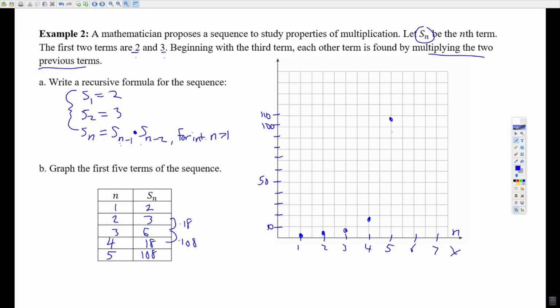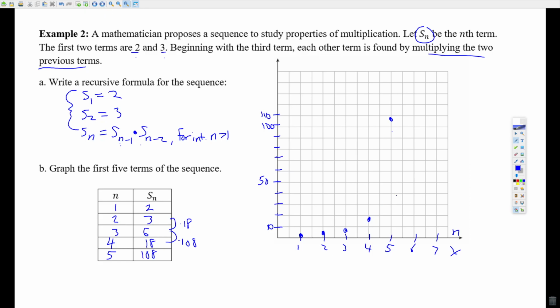Up here. So very quickly with the sequence, it goes up incredibly fast if you multiply the previous 2 numbers. Even if we try to do the next one, it would be 108 times 18, which is 1944. So it's very, very high up there. And so that would be the graph.